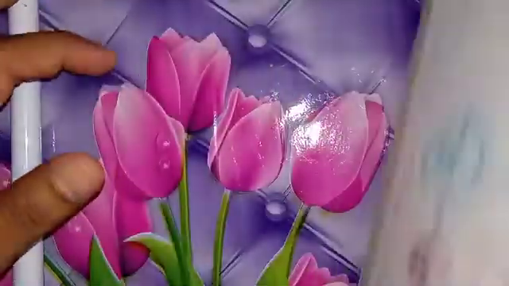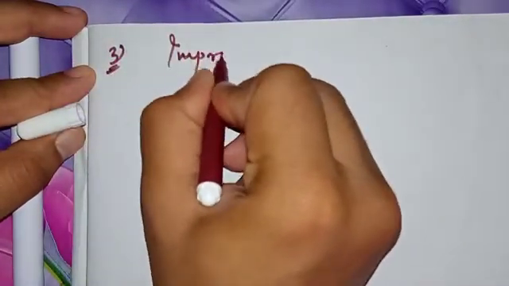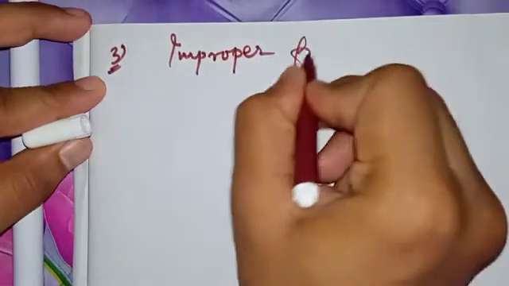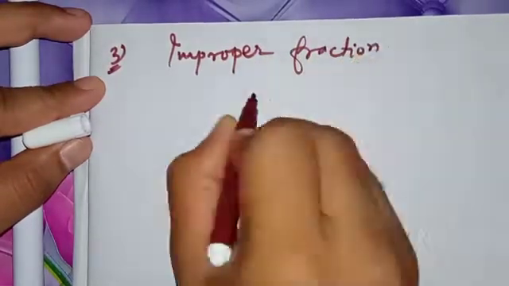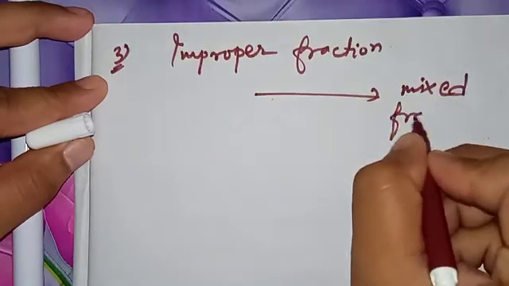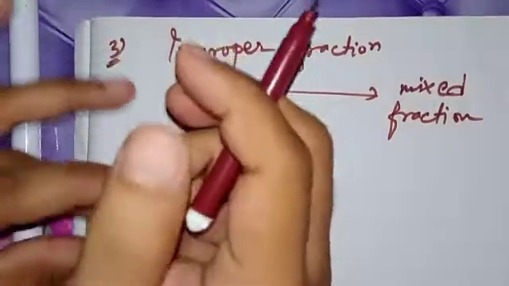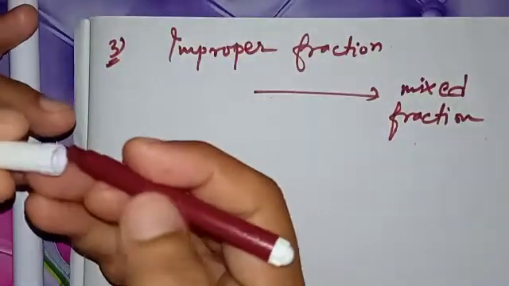Now let us move ahead to problem number 3, my dear students. That is just doing the opposite. Improper fractions into mixed fraction. Now how can we do the opposite? That is, improper fractions will be given to us, and we have to convert those improper fractions into mixed fractions.